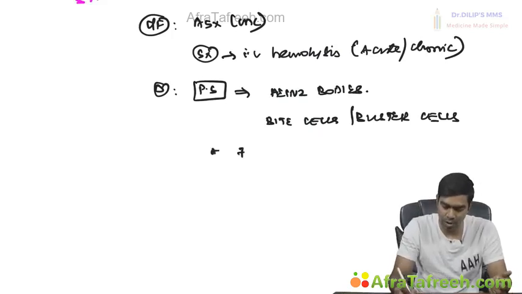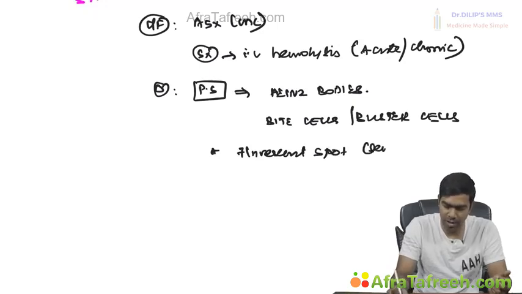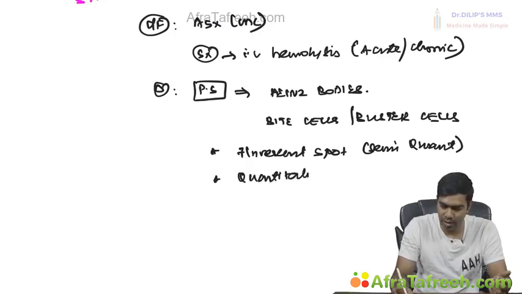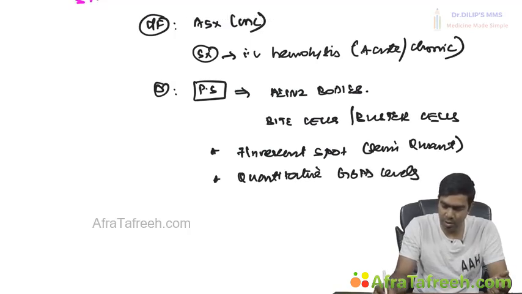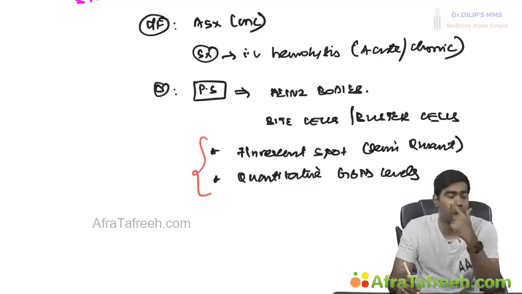One is called the fluorescent spot test, which is a semi-quantitative test, and second, you have the quantitative G6PD levels.